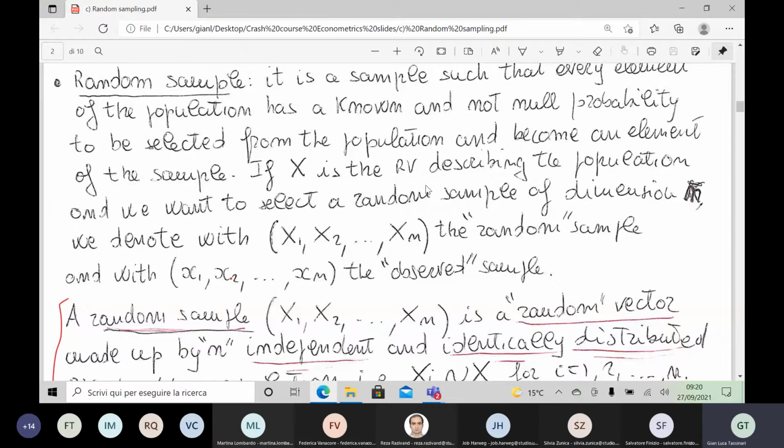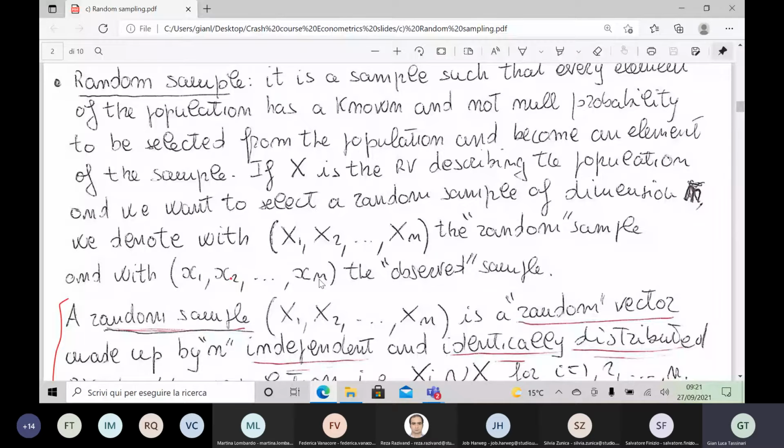On the contrary, as we did already in the first lecture, we denote the selected sample, that is the observed one, by using small letters. So this is the notation used to denote a random sample. With small letters, you denote the observed sample, that is the selected sample.